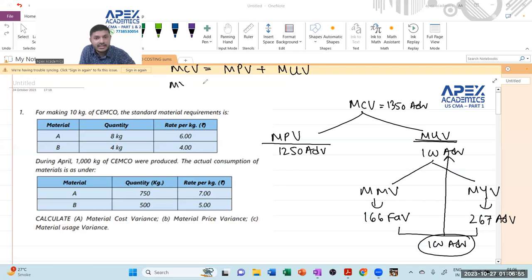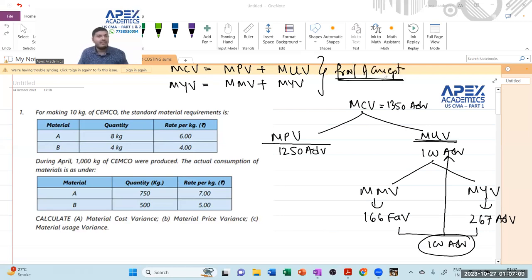So material usage variance is equal to material mix variance plus material yield variance. This is your proof of concept which has been established, and this same proof of concept I will be harping on in labor variances also.